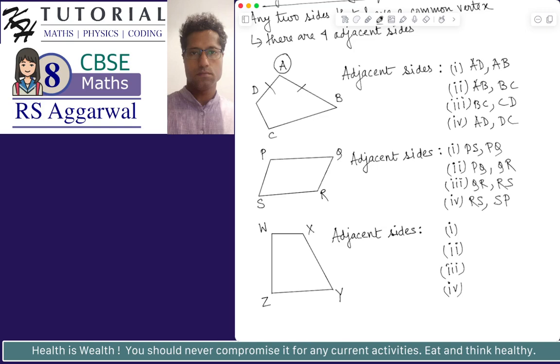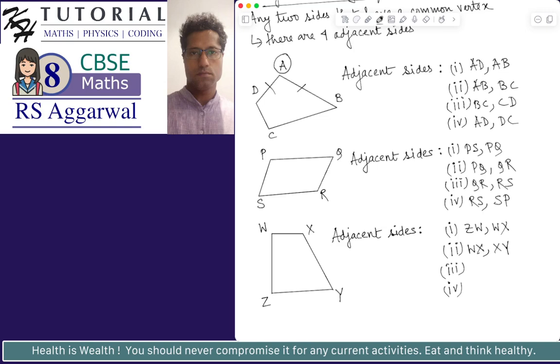Okay. For the last quadrilateral, WXYZ, considering the vertex W, the pair of adjacent sides will be ZW and WX. Considering the vertex X, the adjacent sides will be WX and XY.